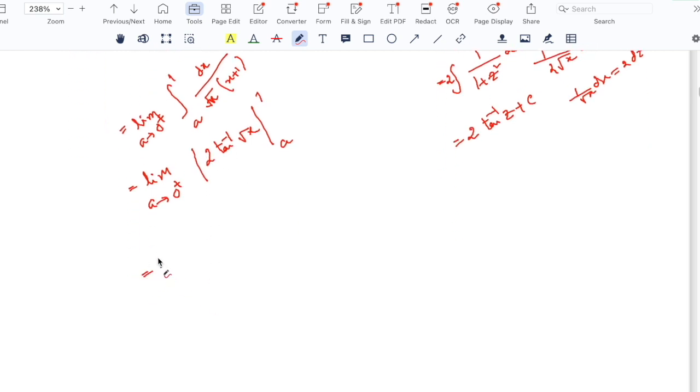and this equals limit a tends to 0 plus. If I put the upper limit, it will be what? Tan inverse 1 is equal to pi by 4.